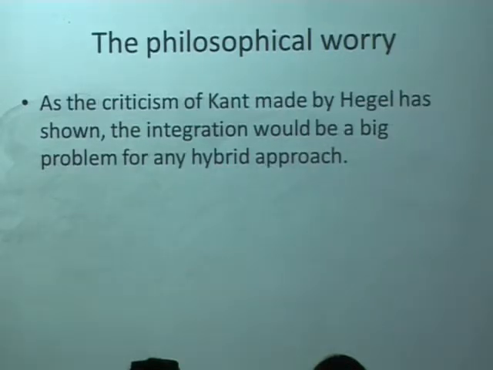There is a philosophical worry. As the criticism of Kant made by Hegel has shown, integration would be a big problem for any hybrid approach. Hegel said a lot of bad words concerning Kant, and many of them are very puzzling, very confusing, because Hegel is basically a puzzling guy.